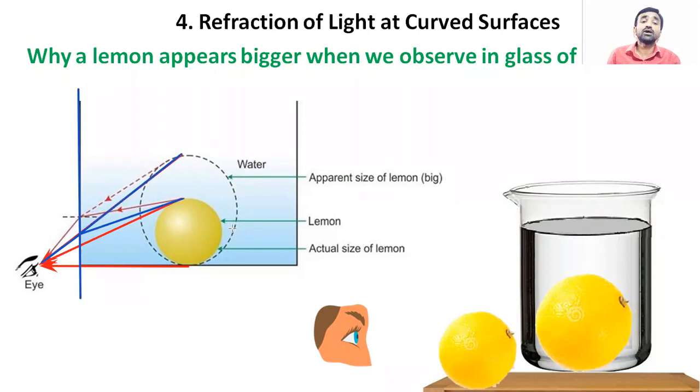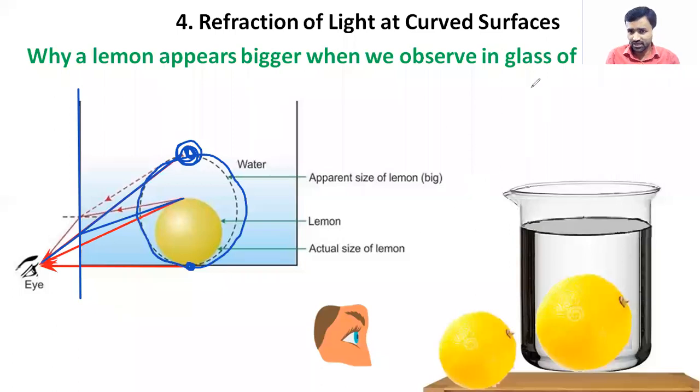So what you are viewing actually, original light rays? No, refracted light rays. Here your eye views that point of the object at this spot and the bottom at this spot. So your eye realizes that the lemon is this size.